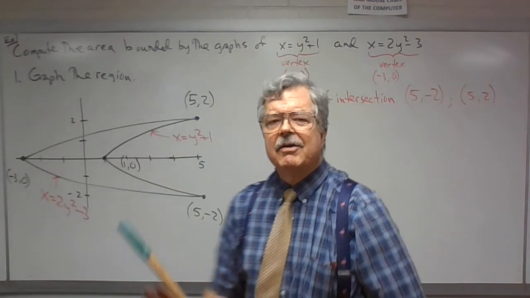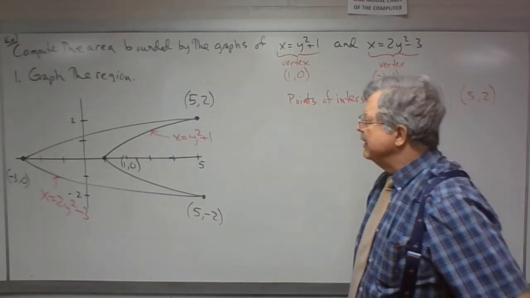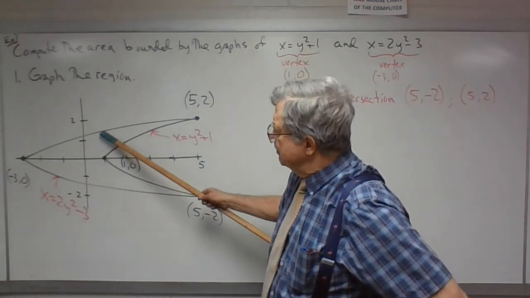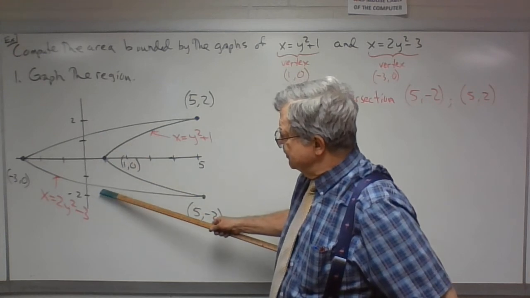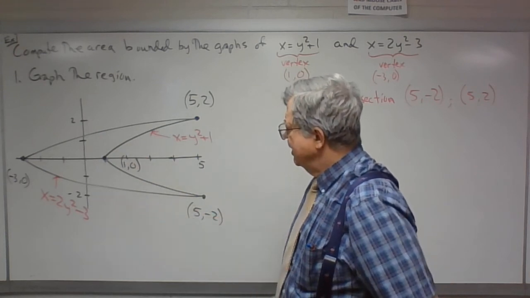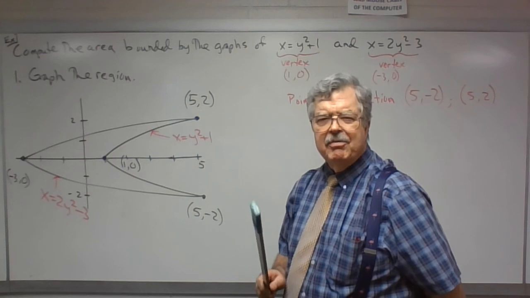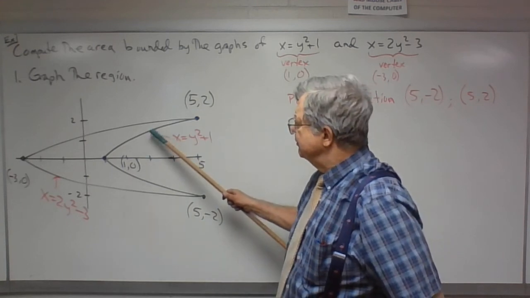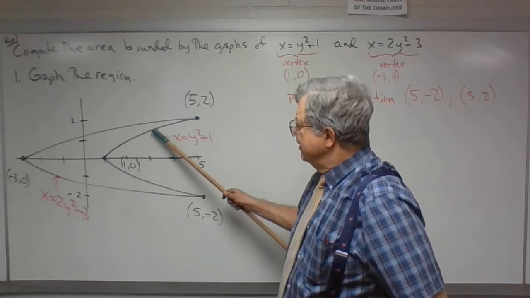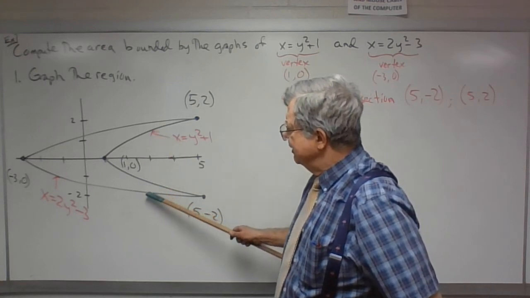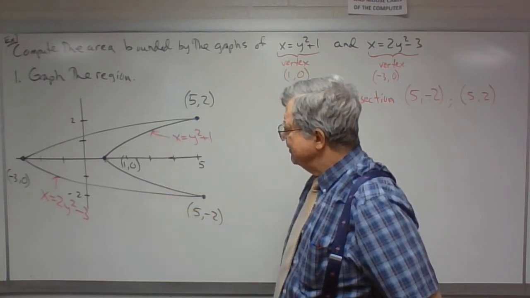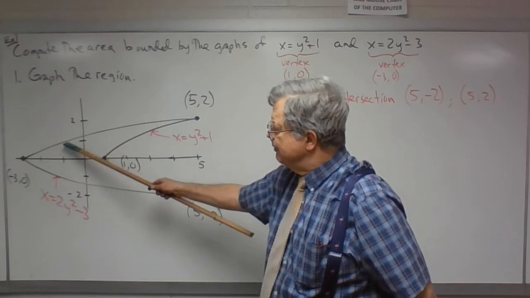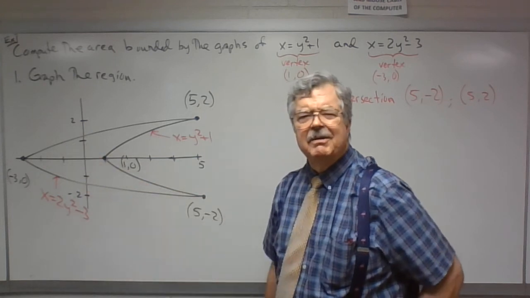If we were to integrate in terms of x, the greater function would be on top, the lesser function on the bottom. We have several problems here. Here's the greater function, here's the lesser function. But then here's another greater function, another lesser function, and then over here, here's the greater, here's the lesser.